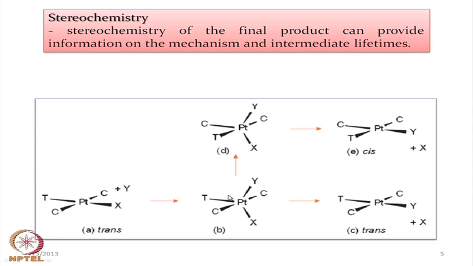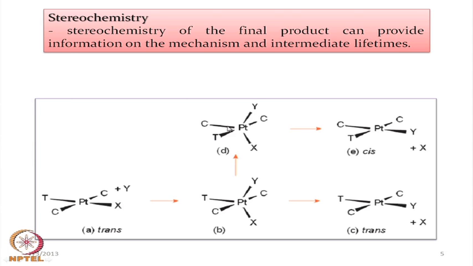But if the intermediate has sufficient stability and a good lifetime, and in that particular case there is some reorientation of the groups attached to the platinum center, and the two CC positions are changed so that the CC angle goes from 180 degree to 120 degree, and we now have T plus TC at 180 degree, where T is our trans labilizing group, then we can have geometries of different types.